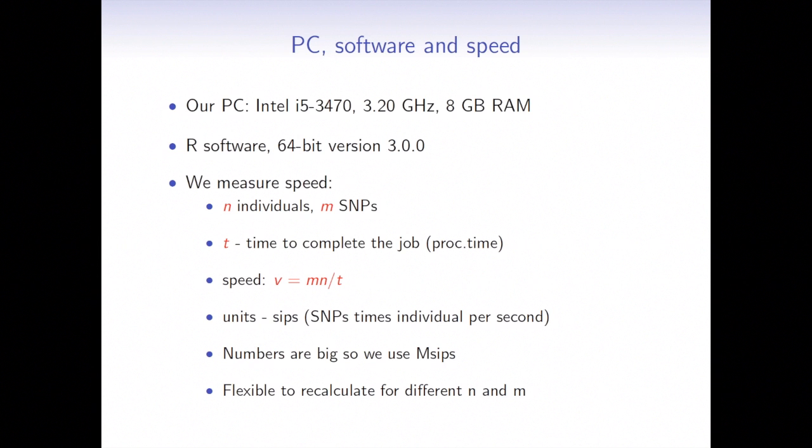And the numbers will be very big, so we will use megasieves. And we find this measure of speed much more useful than just providing the computation time, because it is very flexible to recalculate the expected computation time for different n and m.